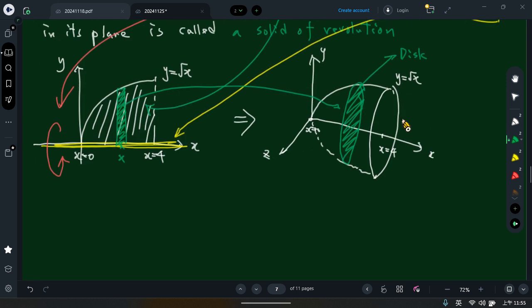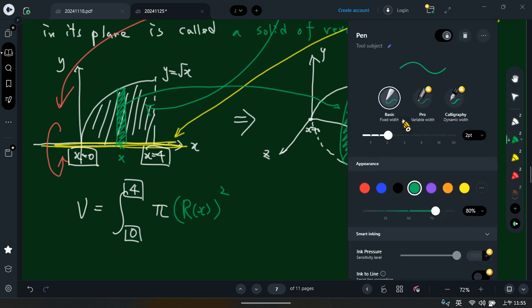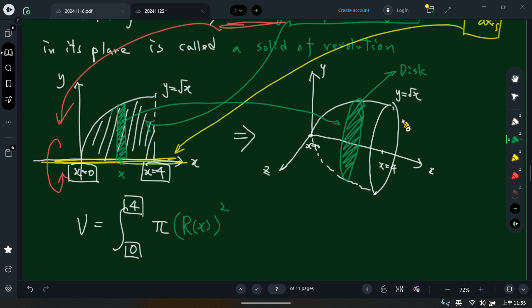So if you want to calculate the volume, the result will be the integral from 0 to 4 of pi times r squared, r of x squared. Here r means the height as the radius, right?